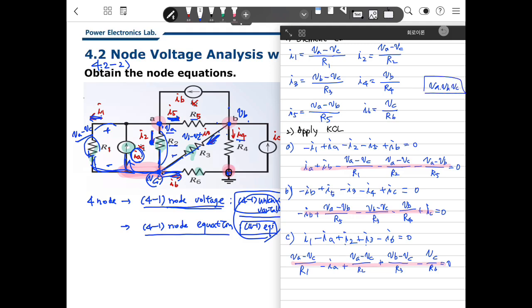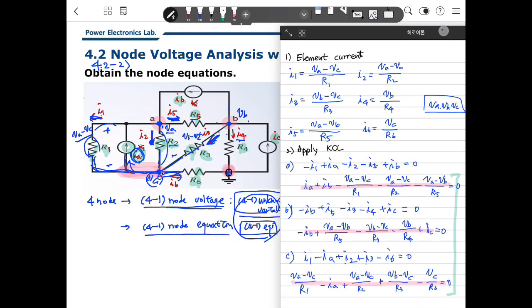If we get the other variables in the system, like the currents IA, IB, IC and other variables R1, R2, R3, R4, R5, R6, then we have 3 unknown variables and 3 voltage equations, so we can get VA, VB, VC.